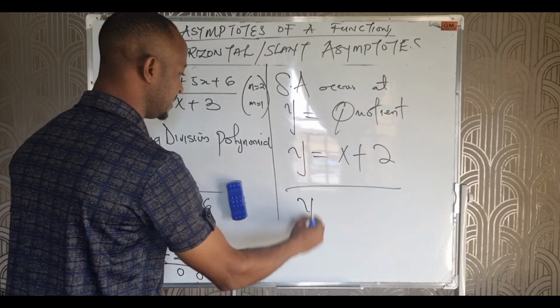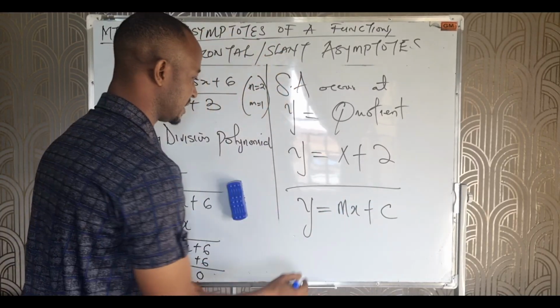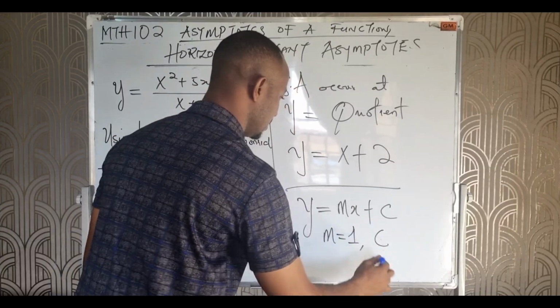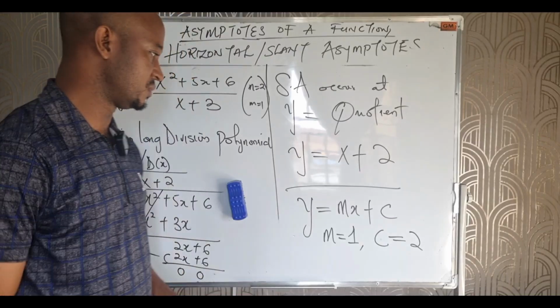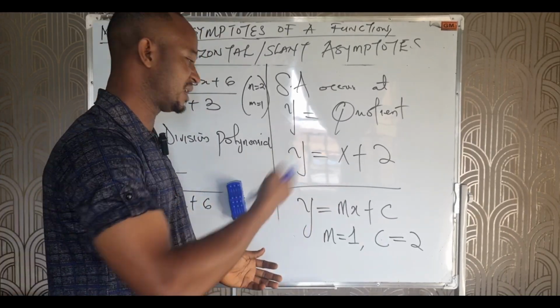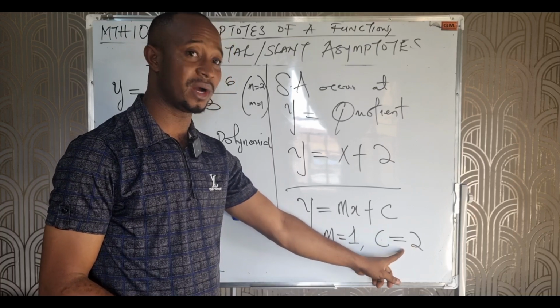By the time we compare this with the general form, y equals mx plus c, it simply means that our slope is 1, but our c is equal to 2. The intercept is 2. So that means that a graph of y against x is a straight line graph meeting the y-axis at y equals 2.